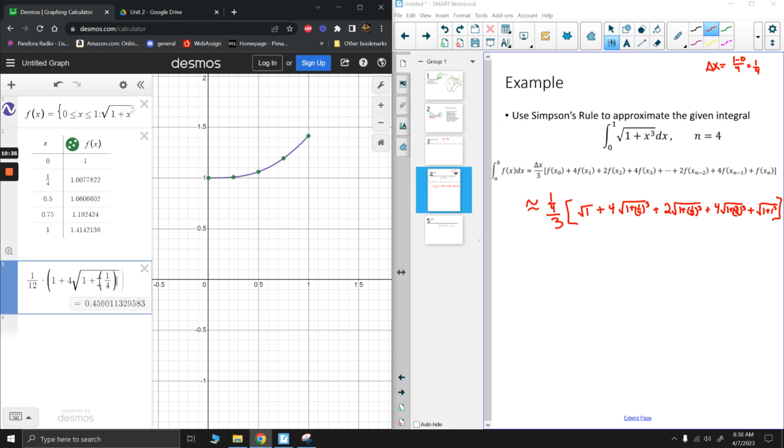Plus 2 times the square root of 1 plus 1/2 cubed, plus 4 times the square root of 1 plus 3/4 to the third, plus the square root of 1 plus 1, which is 2. You have to be real careful typing in a big mess like this.